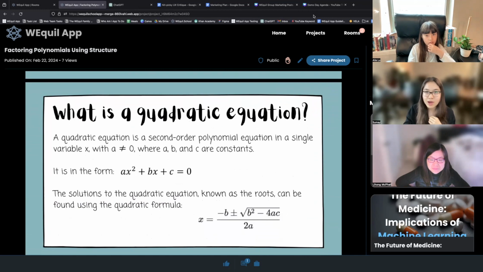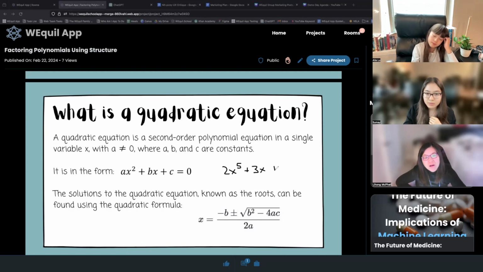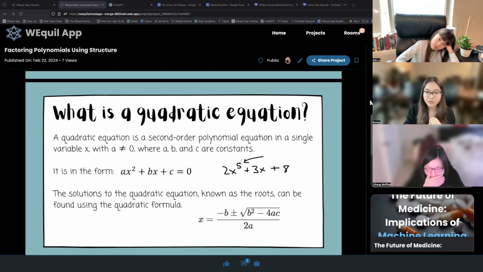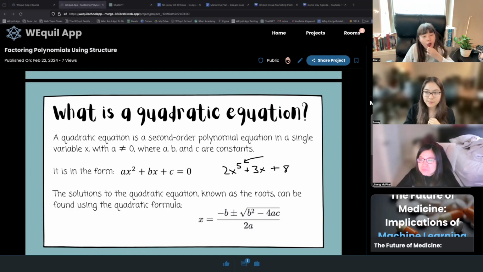So if, let's say, you have a polynomial like 2x to the power 5 plus 3x plus 8, this would be a fifth order polynomial, because the largest exponent here is 5, right? So that's what the order of a polynomial means.